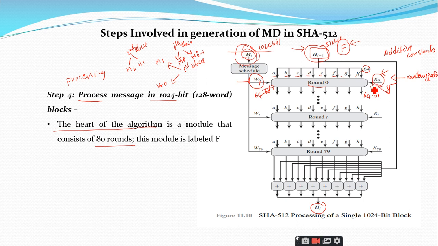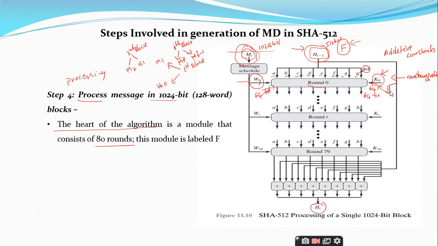So this length is 64. Similarly, the W0 is also 64. W0 is generated by performing some operations on the 1024-bit message block. But the K0 additive constants are generated by taking the first 64 bits of the cube roots of the first 80 prime numbers.